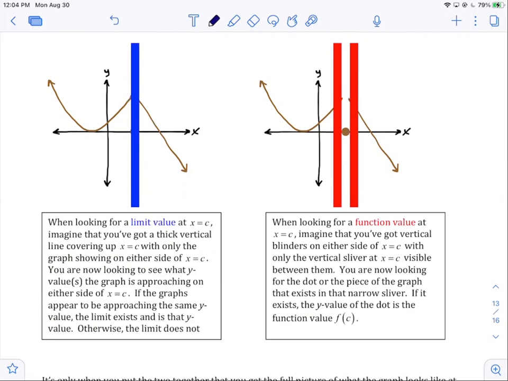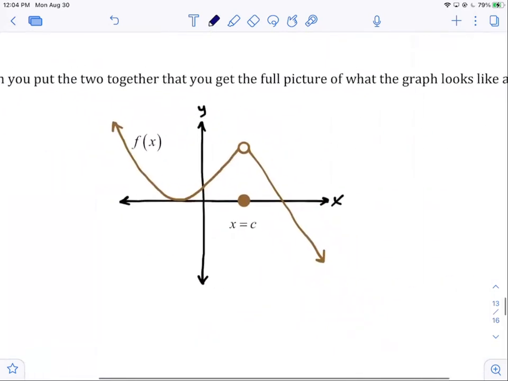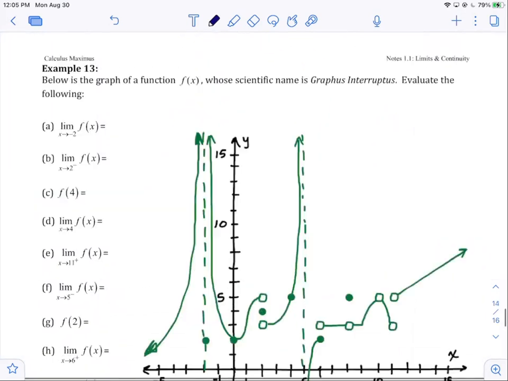With all these funky functions and discontinuities, it's only when we peel back both sets of blinders and look at the full picture that we get the actual representation. So in this case, they don't have to necessarily be the same.